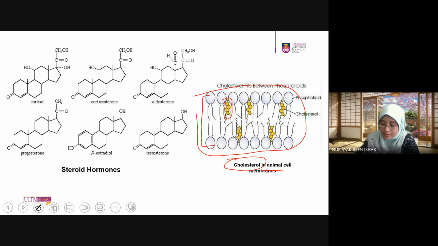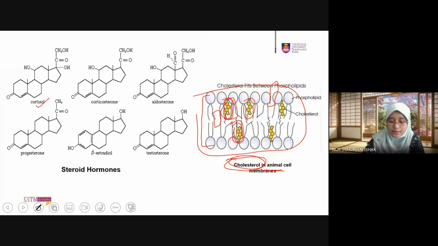Okay, in between. You cannot draw it somewhere in the middle like this. You cannot draw it protruding outside like that. Okay, so it is in between the phospholipid molecules, either on the top layer or on the bottom layer like that. Okay. So the cholesterol molecule is the precursor to produce other steroid hormones.